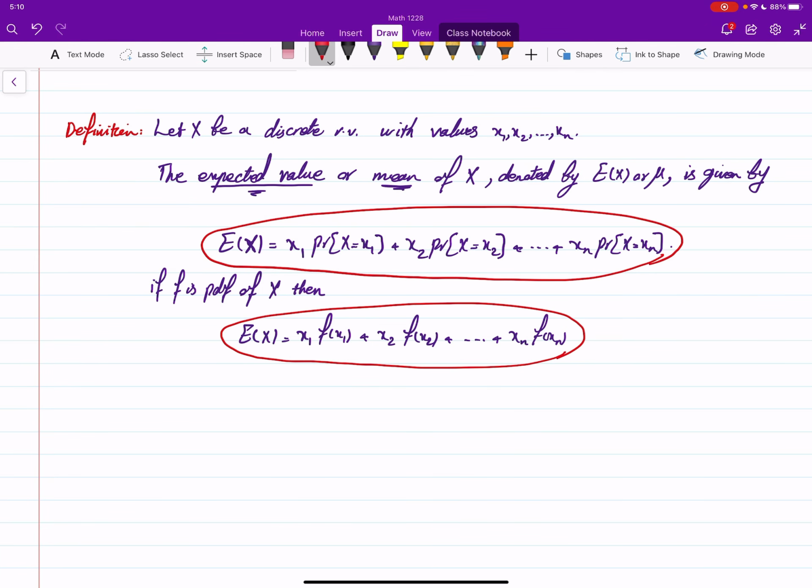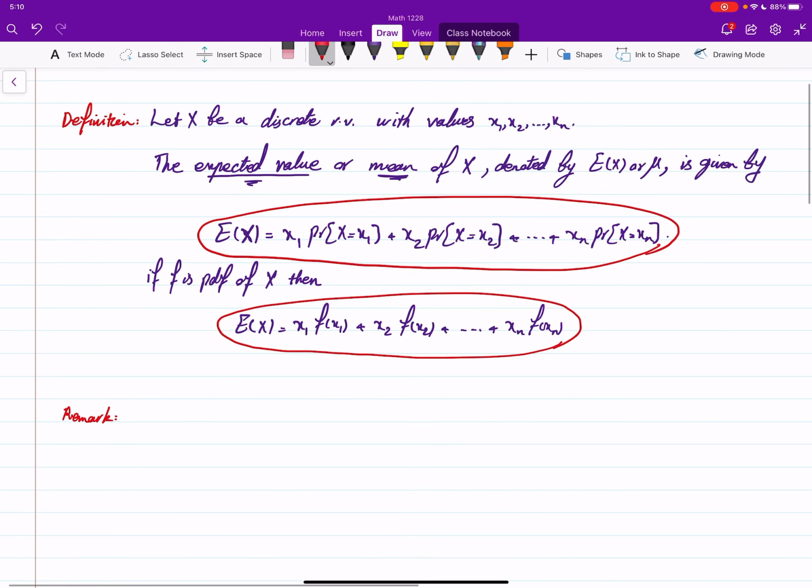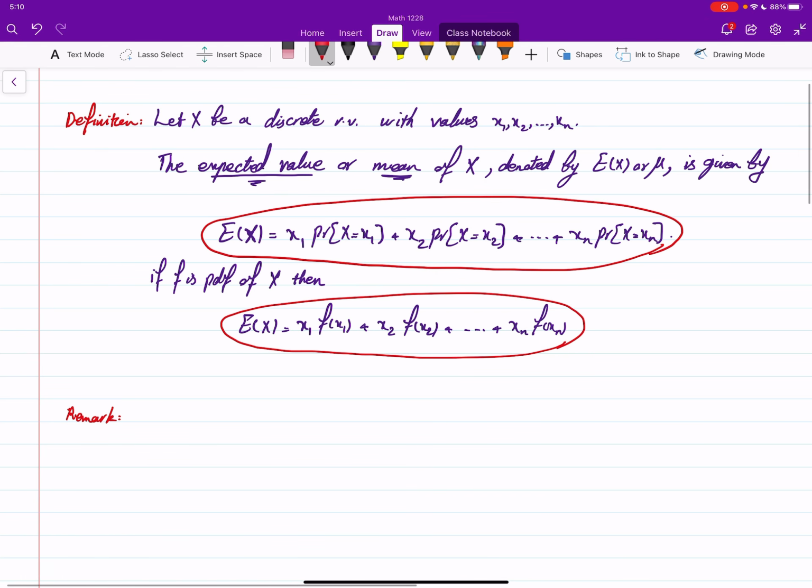Before I start, there's just one small remark here: the averaging that we use every day, add everything and divide by n, is the expected value of a discrete random variable itself.